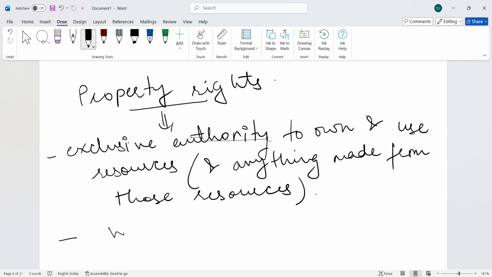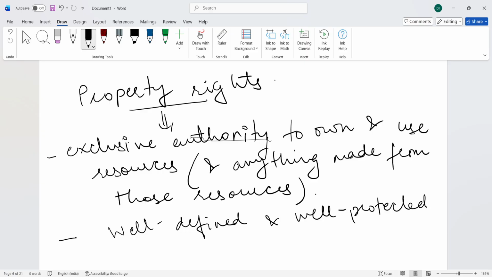So if property rights are well defined and well protected, then your competition will be by peaceful means rather than by violence.